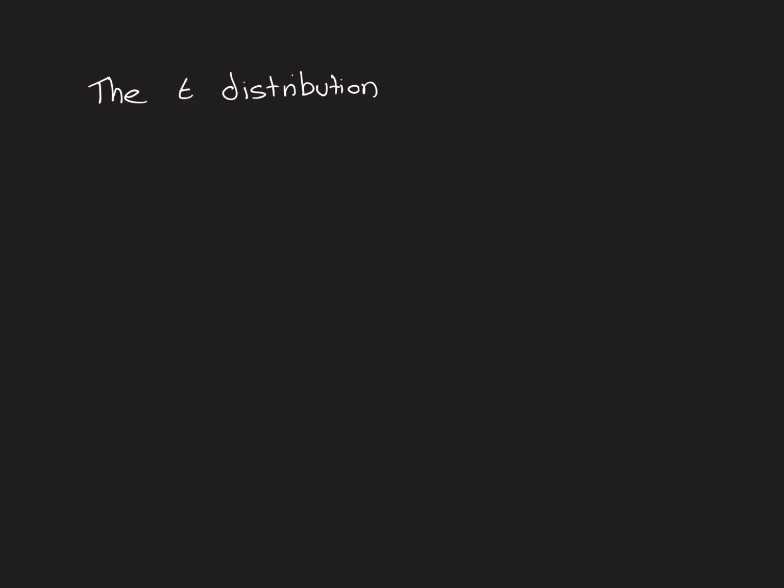So let's say that we have a random variable Z that is standard normally distributed, so normal 0, 1, and let's say also that we have a random variable V, which is chi-squared distributed with n degrees of freedom. These are quite common symbols used. Z is quite commonly used for standard normal, and V is quite commonly used for chi-squared.